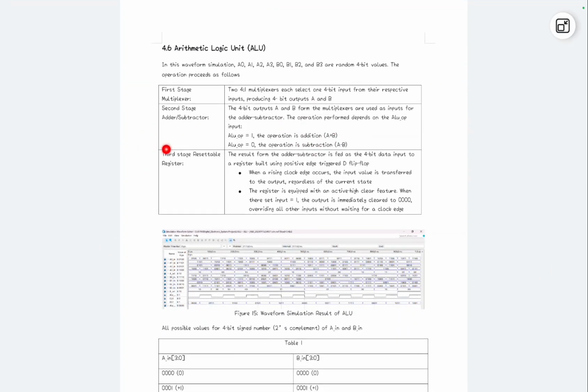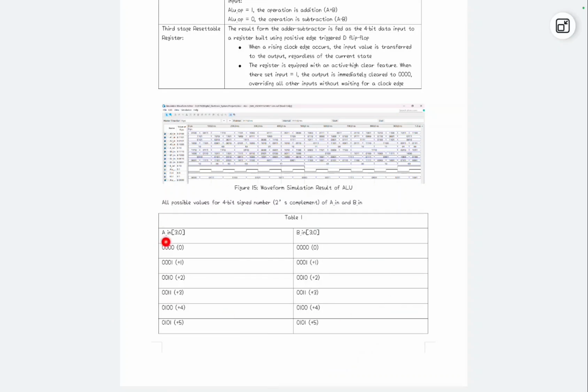And we come to the ALU part. As we can see, this is the table of the ALU. This is the possible values for the ALU, and this is the derived part. For example, we take the first one. We see the A cell first. A cell is 10. 10 means that you want to take the A2 input part. So it will take 0101, the part I highlighted.